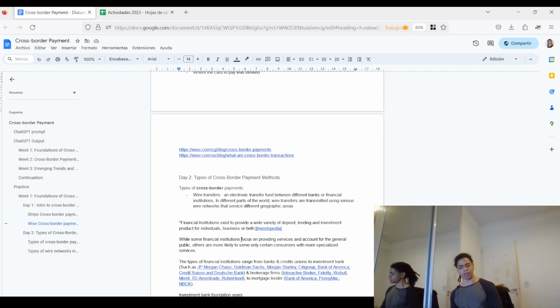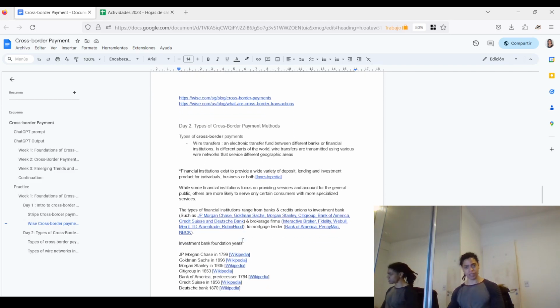Because it's also a way to recognize how long all of these actors or players have been on the field. So we have investment banks such as JP Morgan Chase, founded in 1799, as well as Goldman Sachs, founded in 1896. It has more than 100 years. Morgan Stanley, founded in 1935. Citigroup, founded in 1853.